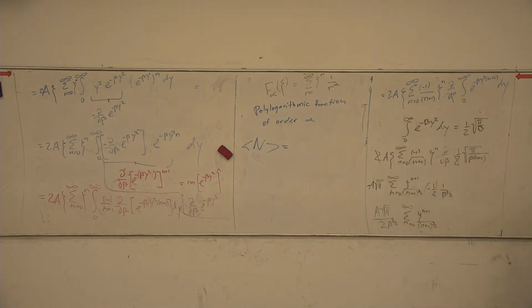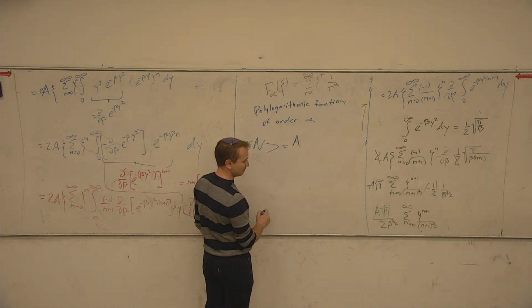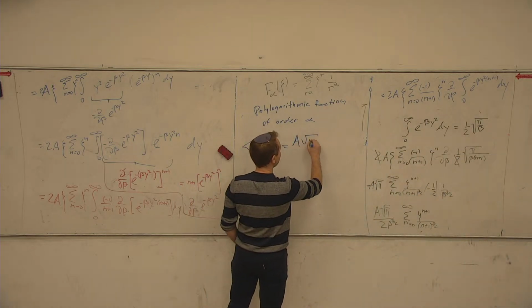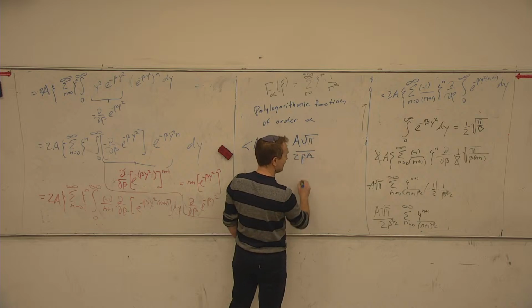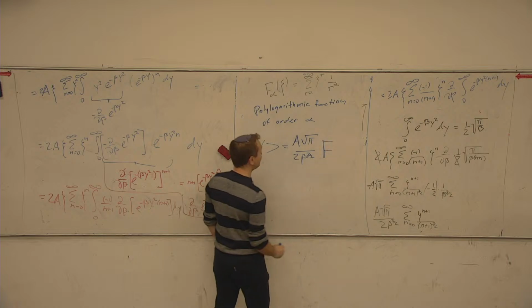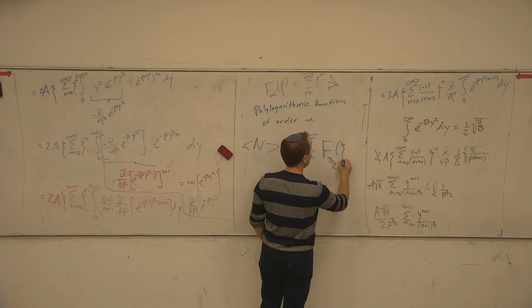I don't remember. So let's write it with the A, and then I copy the form that I have in my notebook. A square root of 2 pi divided by 2 beta to the 3/2, f of 3/2 of the fugacity.